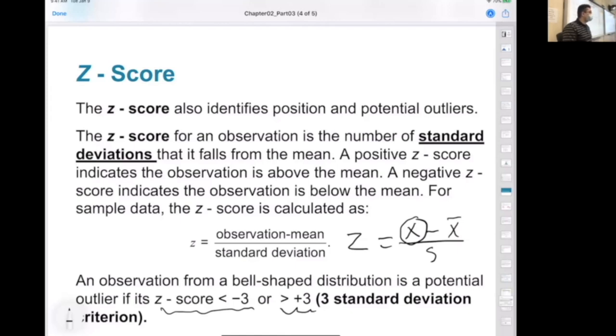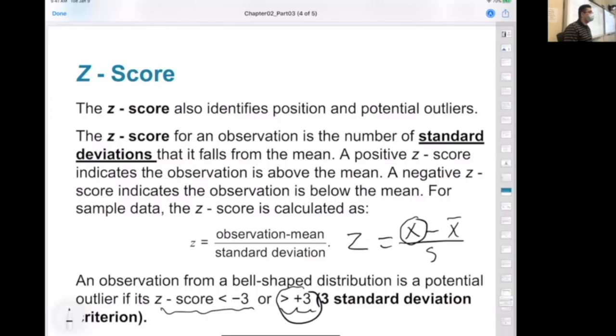Suppose we calculate this score for a value and find it equal to 2.5. Do we consider it an outlier or not? Of course not, because it's less than 3. But if the z-score for this value is, for example, 3.4, it's greater than 3, so we consider it an outlier.